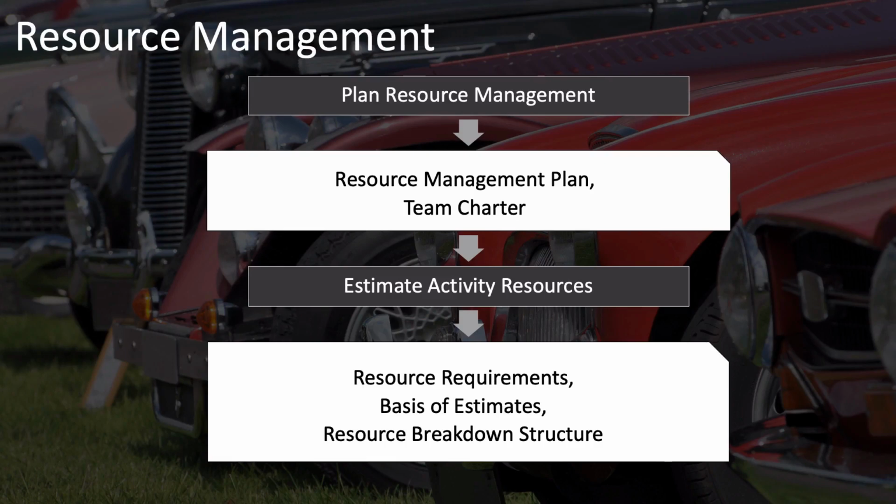It would naturally be an output of estimate activity resources, because until then, you don't know which resources you're planning on using and which departments they're in. So it's got to be at the same time that you're figuring out your resource requirements and developing your resource breakdown structure.